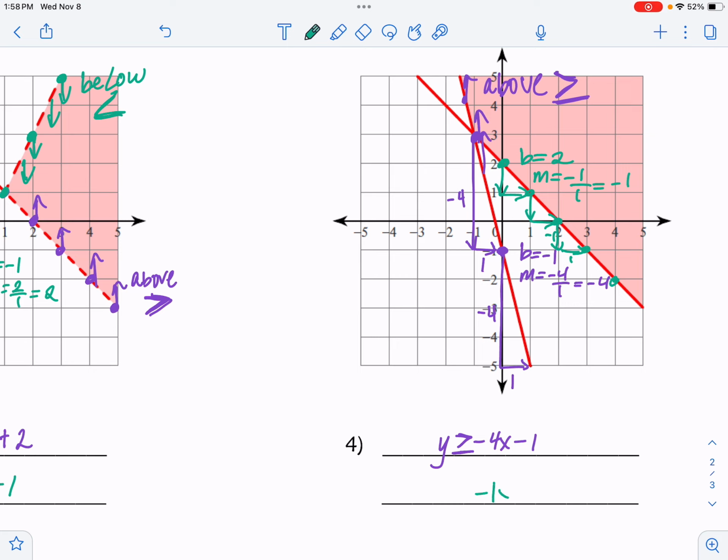So -1x plus 2. And then all my arrows to the shaded region would be pointing up. And so we have a greater than or equal to because it's shaded above. So greater than or equal to.